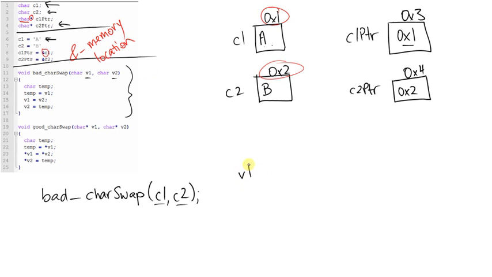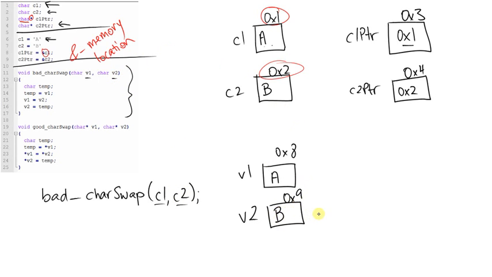So in this case, V1 is a variable, so it exists somewhere in memory, and the value of C1 gets copied into V1. So A gets copied into V1. Similarly, V2 exists somewhere in memory, and then the value of C2 gets copied into V2.